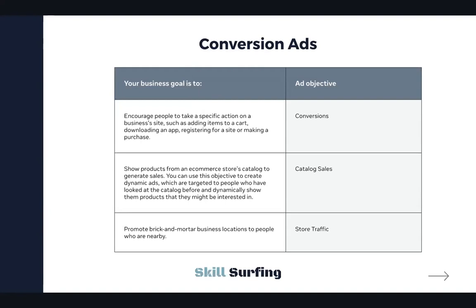You create these dynamic ads, which are targeted specifically. For example, if they went to the website and checked a product, they would get an ad that shows them exactly that product on Facebook later. Instead of doing this for every product you have, catalog sales does all of this optimization and tracking automatically.